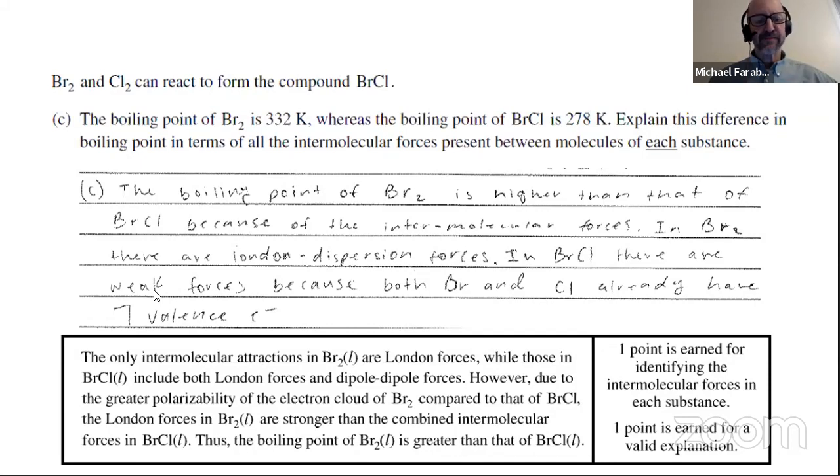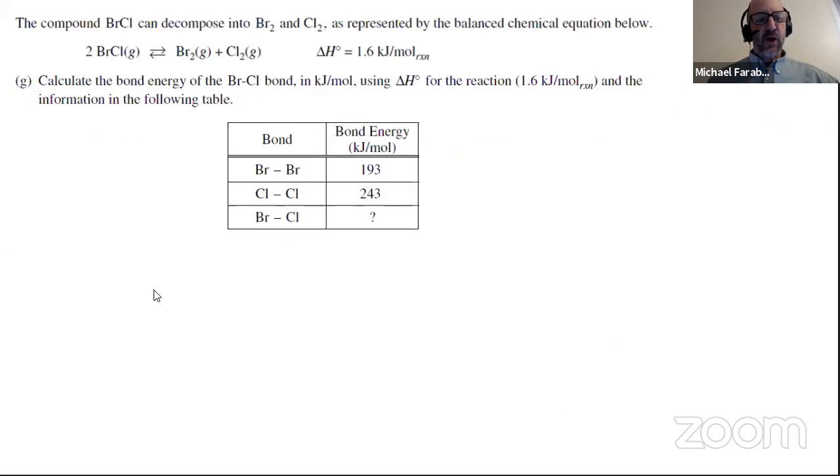All right, here's our next one. We are given that 2 moles of BrCl is transformed into 1 mole of Br2 and 1 mole of Cl2. And these are all gaseous species. We are also given that the delta H for this process is 1.6 kilojoules per mole of reaction.